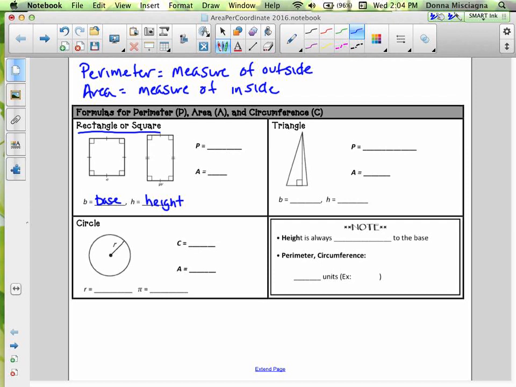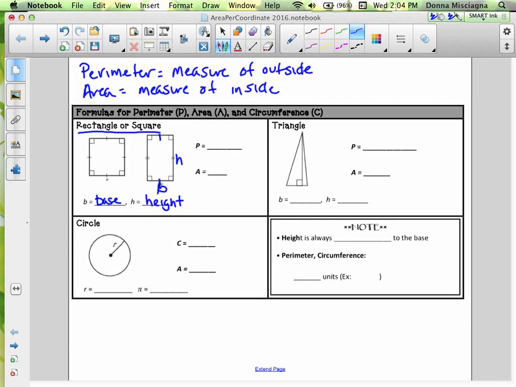And it really doesn't matter whose base and whose height, so long as one measure is base and a different measure is height. I wouldn't pick the side directly across from the base here because this length and this length are exactly the same. We want the two different lengths, right? So base and height.